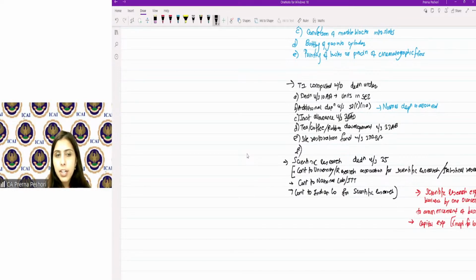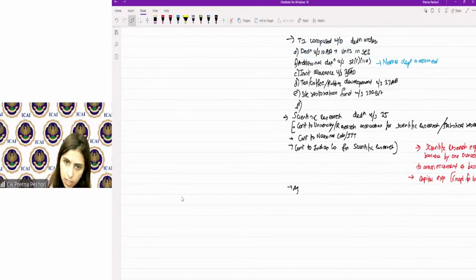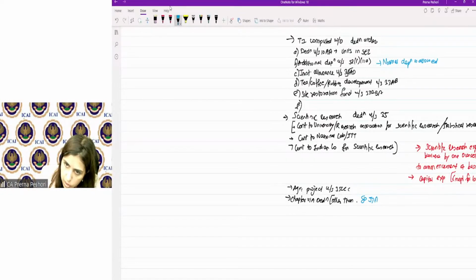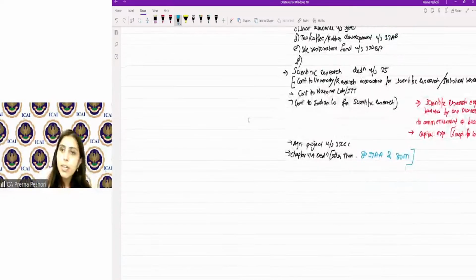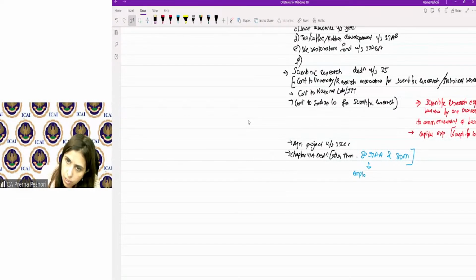So 35AD. Then agricultural project 35CC. Then Chapter VI-A deductions other than 80JJAA and 80M. 80JJAA was for employment related, for the new employees, and 80M is for the dividend. So these particular deductions will not be allowed.